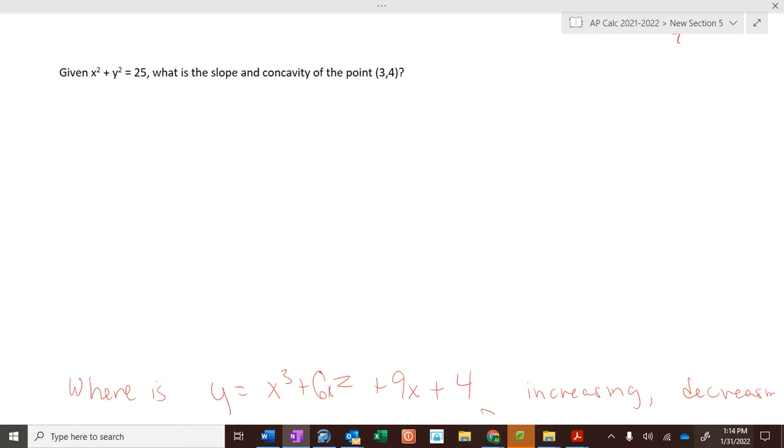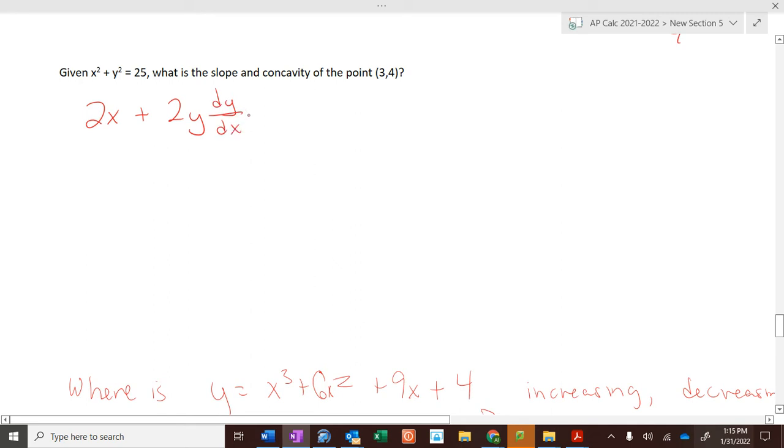So what's the first derivative? 2x plus 2y dy/dx equals 0. You guys are awesome.